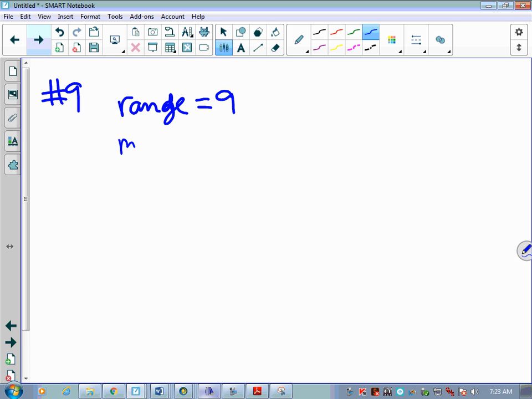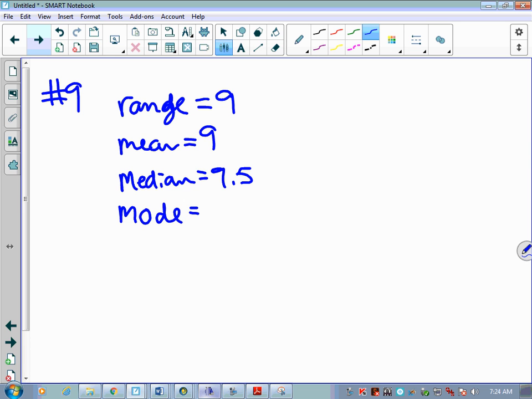Your mean, you would have added all that up and divided by how many there were, which is 9. Your median, you look in your data, and you should see 9.5. Your mode, you can just see which one repeats, and you should see 10.